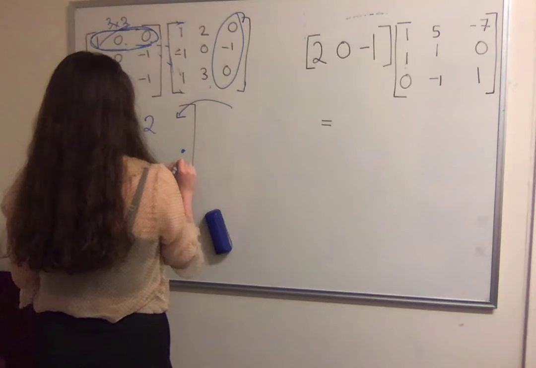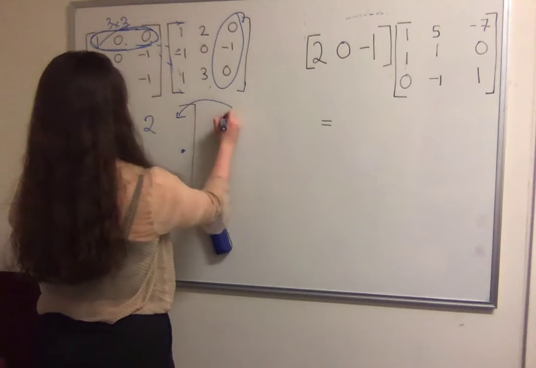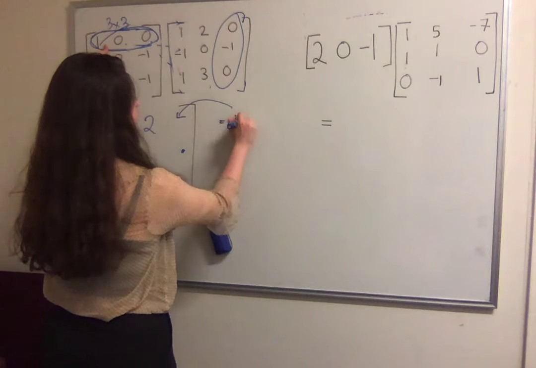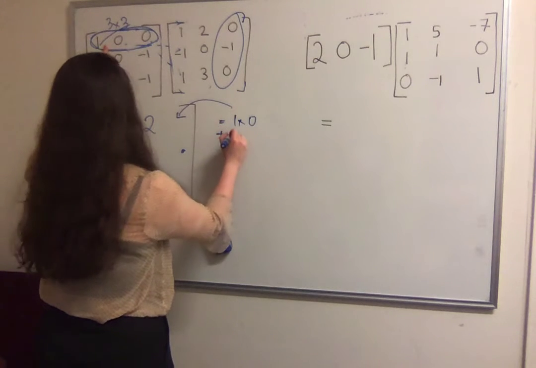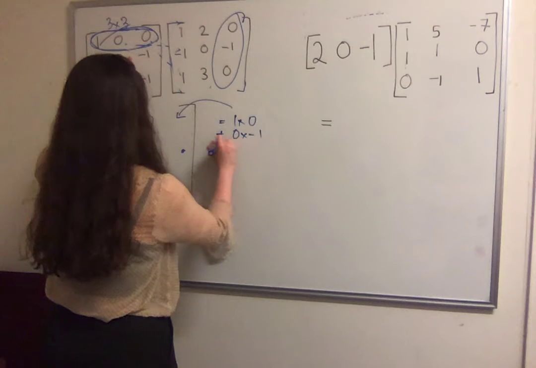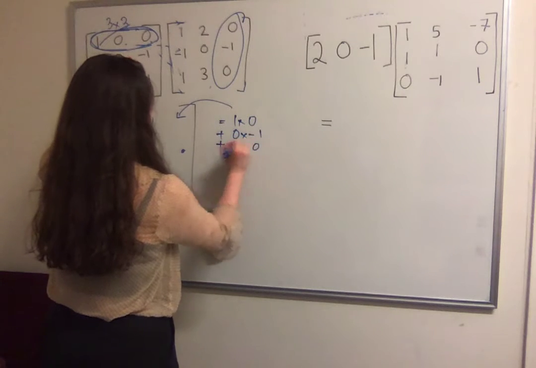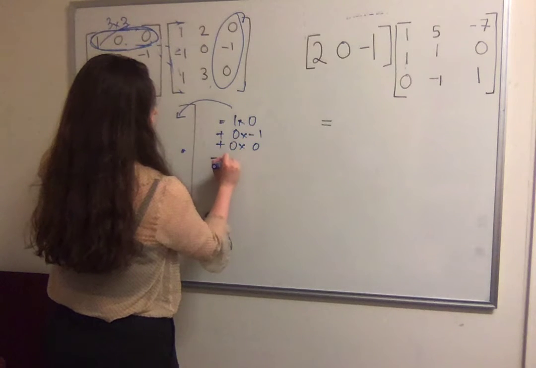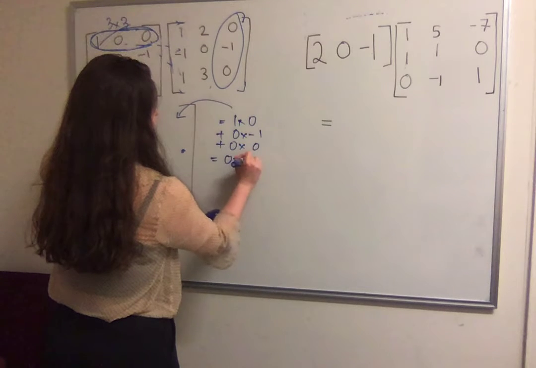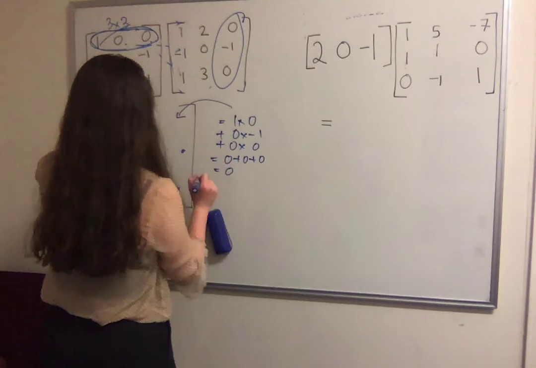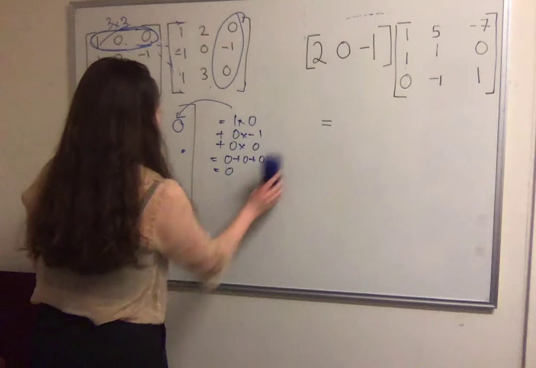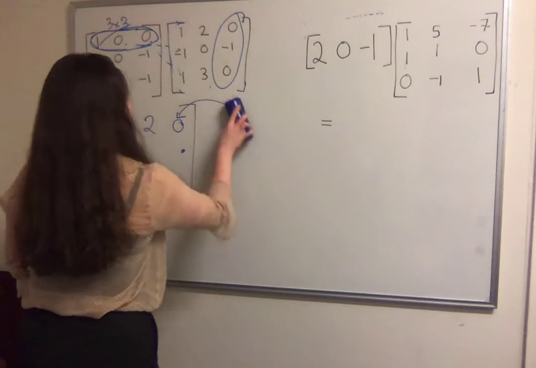So this position is going to be equal to 1 times 0 plus 0 times -1 plus 0 times 0, which is equal to, well, 0 plus 0 plus 0, which is 0. So that goes in there. And that's our first row done.